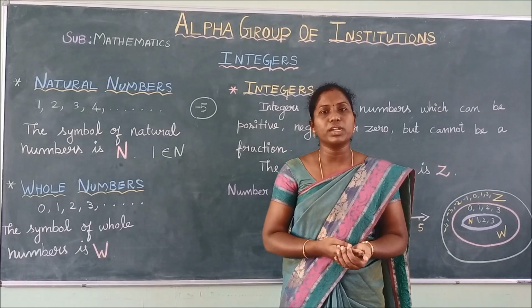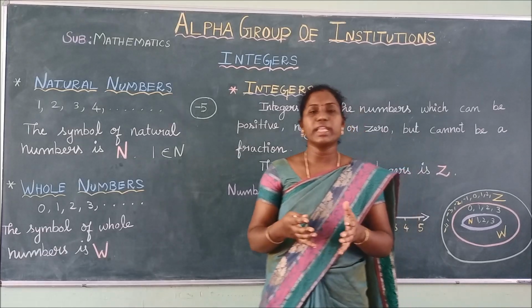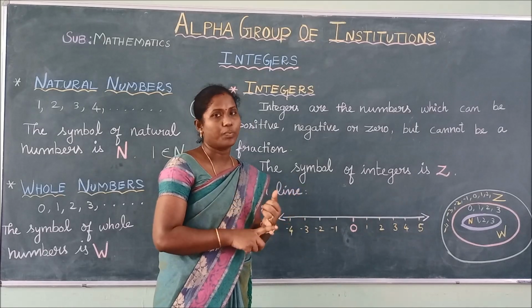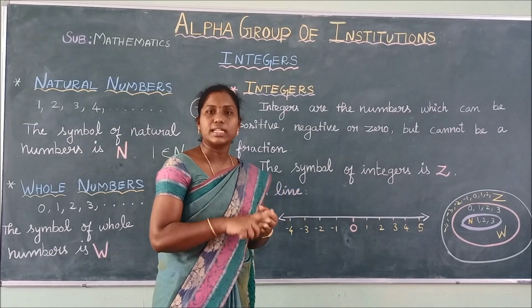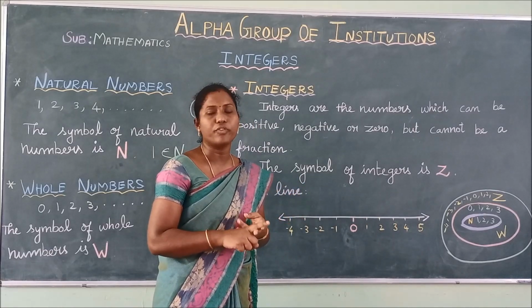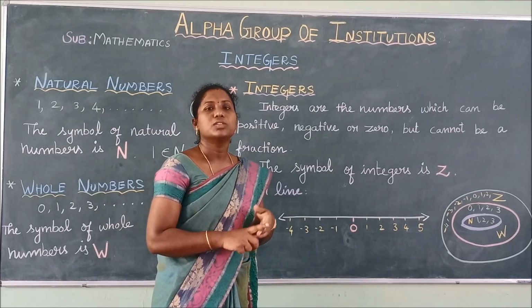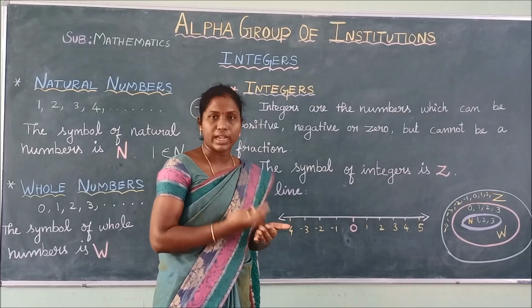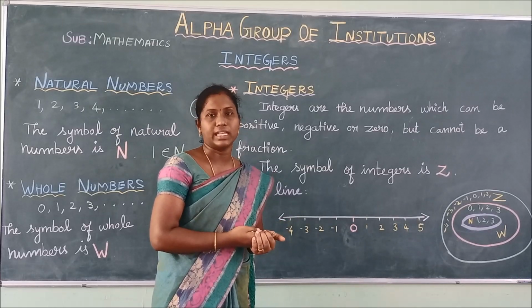The symbol of whole numbers is W. And what is meant by integers? Integers can be positive, negative or 0, but are not fractions. Overall, the positive numbers, negative numbers and 0 are called integers.